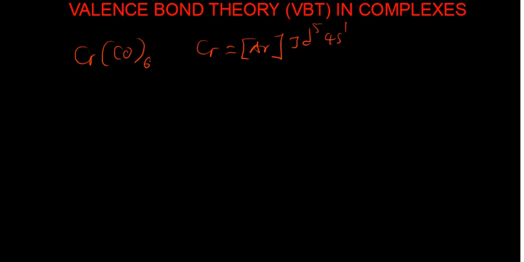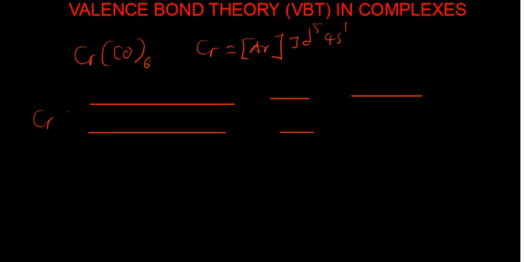So we are going to draw the orbital diagram for our chromium. We've got first the 3d, we've got the 4s, and then the 4p. Okay, for the 3d, there are 5 suborbitals like that, and then the 4s is only 1.